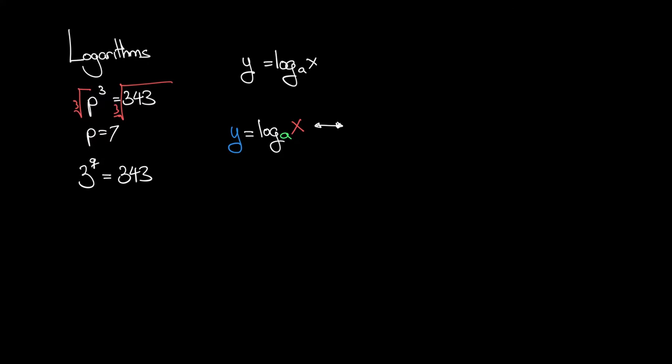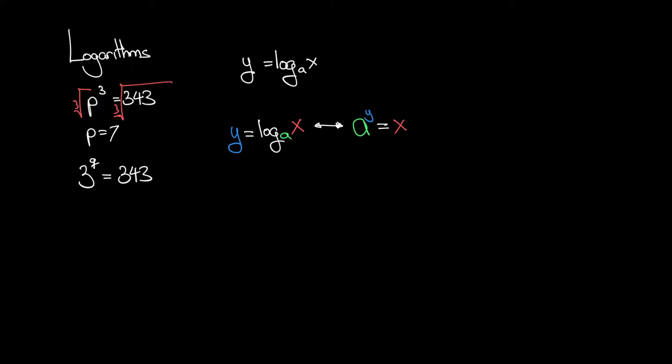This is now going to be a of y is equal to x. Take some time now to make note of where the values are placed when we're moving from the logarithmic scale over to our exponential scale.